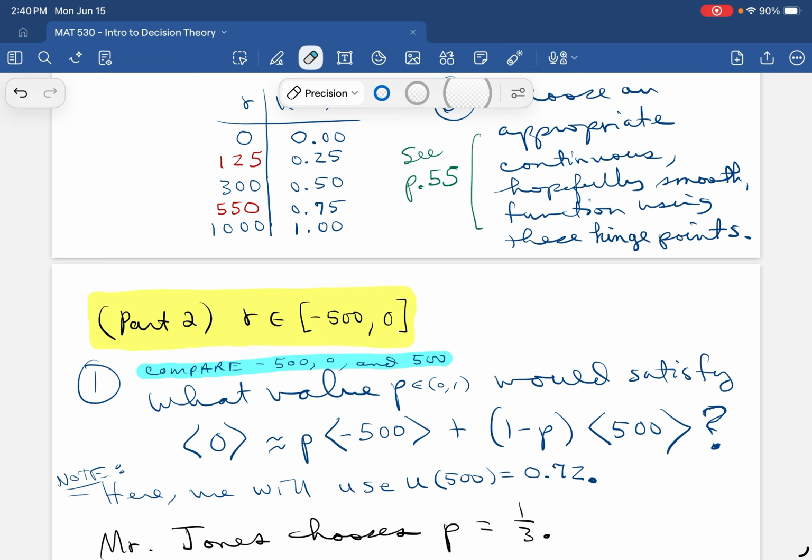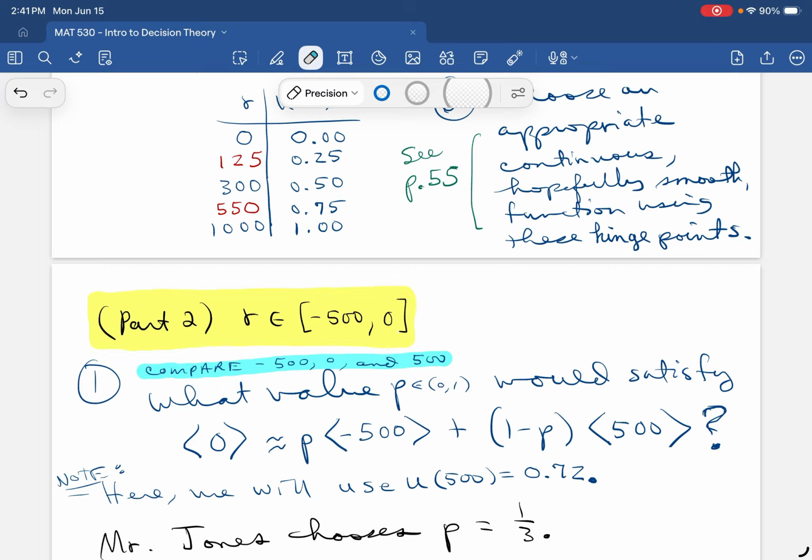The question we want to ask ourselves is, what probability little p would satisfy this equation here? In other words, let's consider first the probability distribution where Mr. Jones receives no gain and no loss with probability 1 for sure. And then compare that to a gamble where he loses $500 with some probability or gains $500 with some probability.